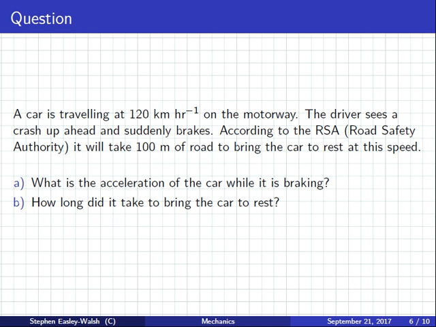How are we doing now? Do we have the first part done? Okay, you should be nearly finished now.